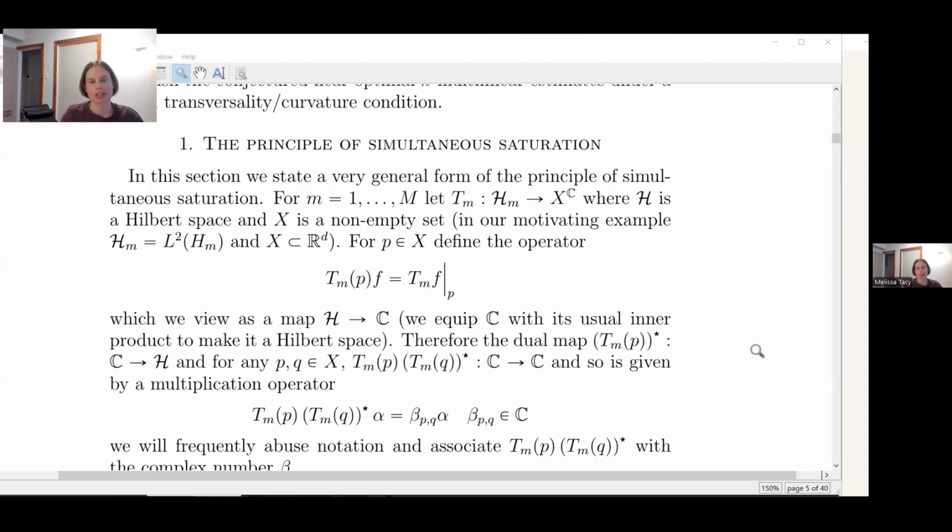So here we start to put in some actual details about where our operators are mapping from and to. I'm going to start with my operators Tm. I want to map them from a Hilbert space into a space of functions where I'm able to evaluate at points, and that's rather important.